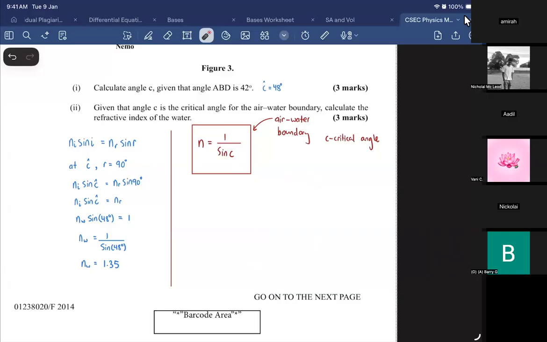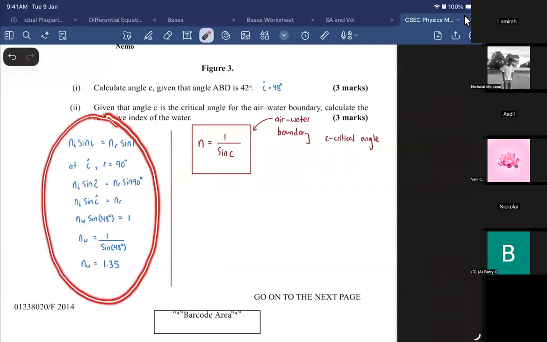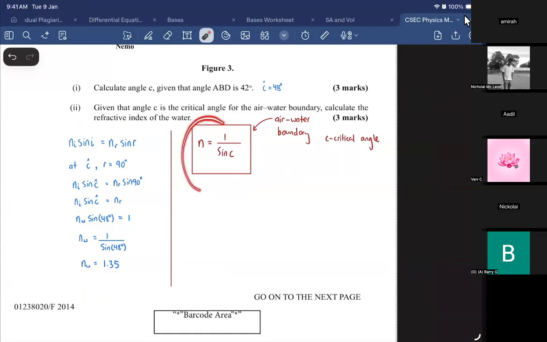If it was going from glass to water, you think the formula for N would be the same? No, because somewhere in your working, when you reach this point, would it still be 1 or would it be like 1.5 or something? It'd be something different, because the glass would be more dense than air. Exactly. So you'd end up with a different formula. So this formula is only applicable for the air to water boundary.